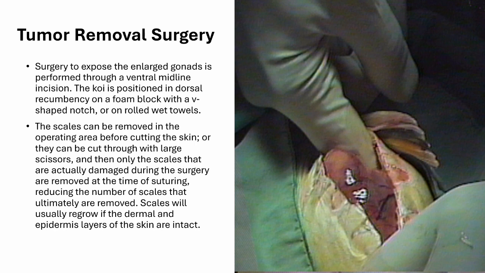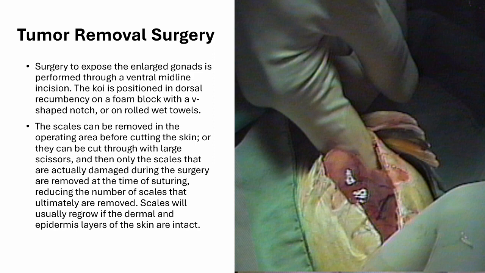So you just gently break those down, find the mass, find the blood vessels, ligate them. I use hemoclips, which are stainless steel clips that ligate blood vessels. It's a lot easier to reach than trying to use suture material, which is way down on the bottom of the fish, and it's hard to reach down there. But with the hemoclips, you can reach down and ligate blood vessels and then remove the mass.